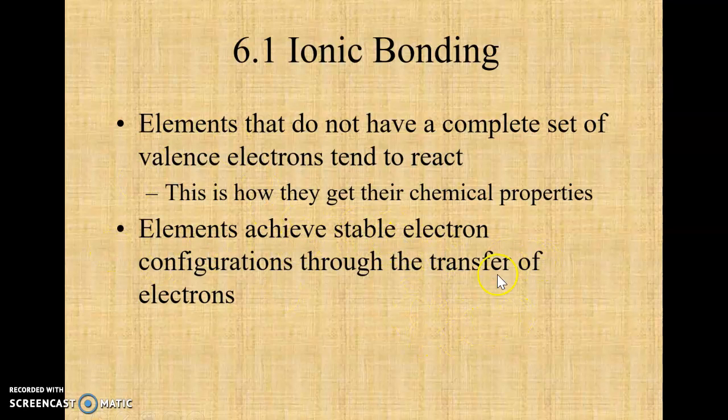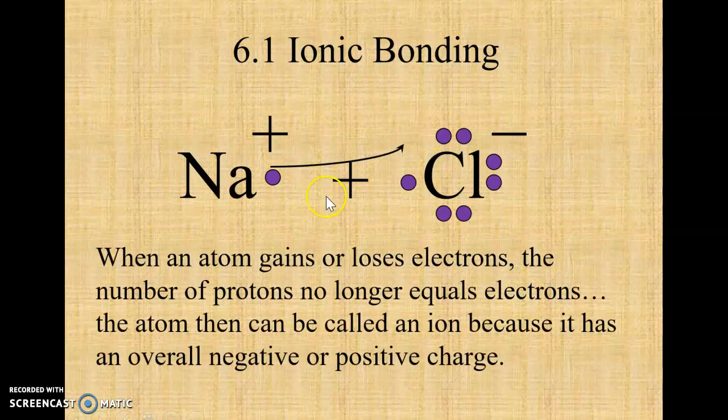So elements achieve stable electron configurations through the transfer of electrons. As I was talking about earlier with hydrogen and chlorine, sodium and chlorine also do this. So when an atom gains or loses electrons, the number of protons no longer equals electrons. The atom then can be called an ion because it has an overall negative or positive charge.